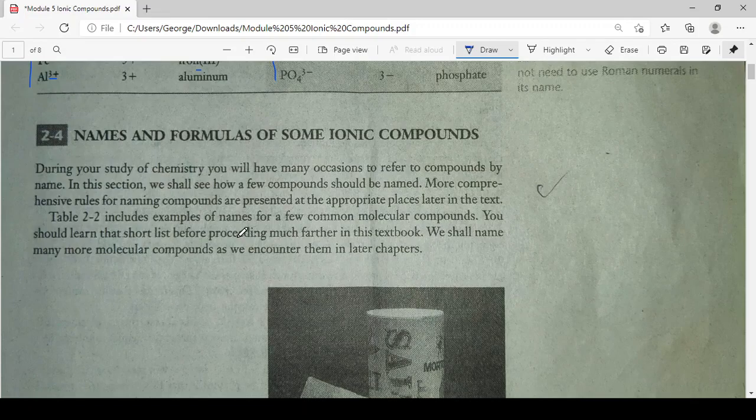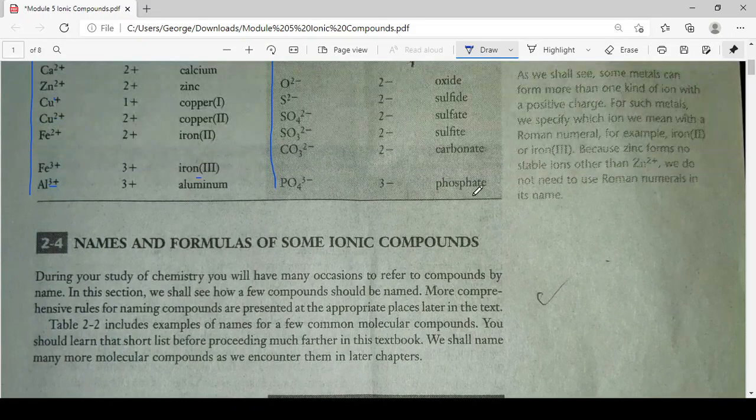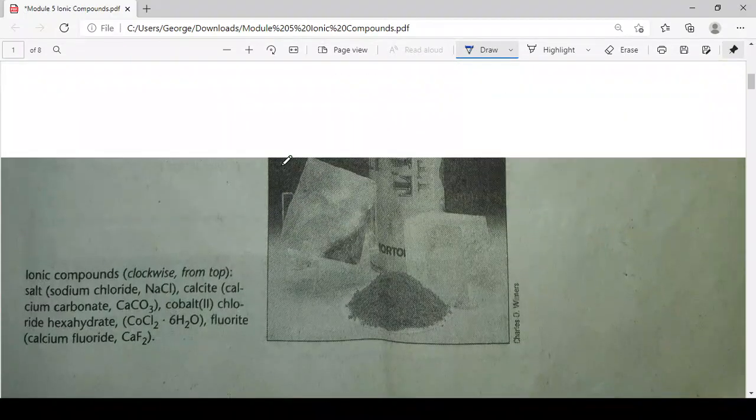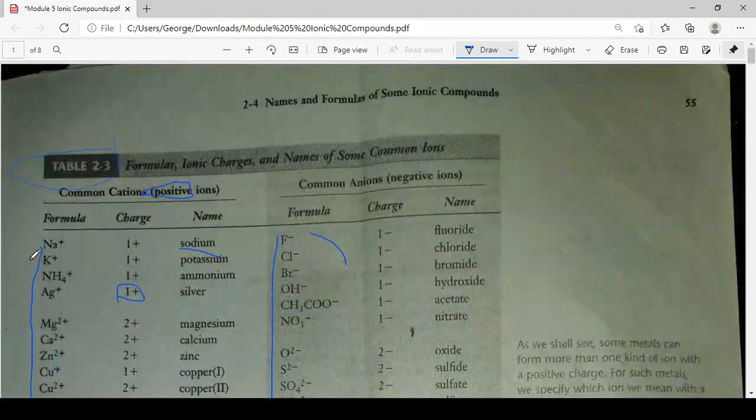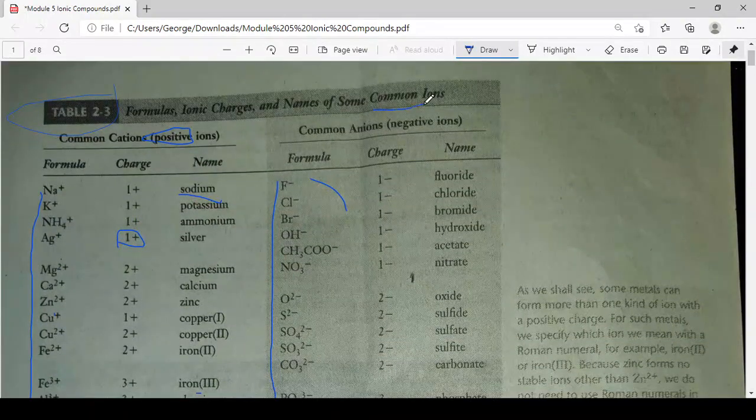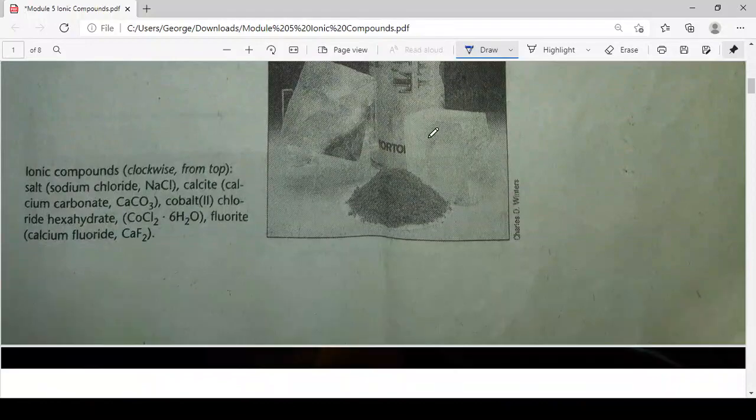Table 2.2 includes examples of names for a few common molecular compounds. You should learn that short list before proceeding much further in this textbook. We shall name many more molecular compounds as we encounter them in later chapters. So here, kids, are your tables and how they are used.